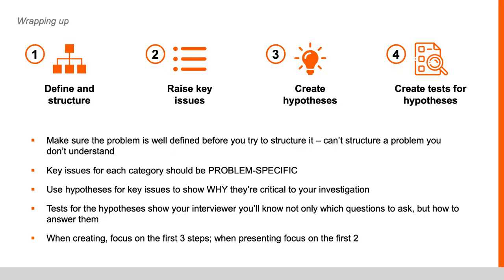Learning to do that will not only show you how to make your business strategy structures different and better from those of all other candidates who have memorized frameworks, but it's also an essential step in learning how to create frameworks from scratch so you can solve non-business problems or very different business problems as well.